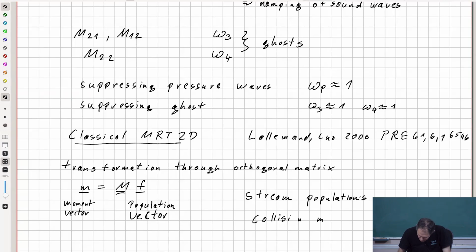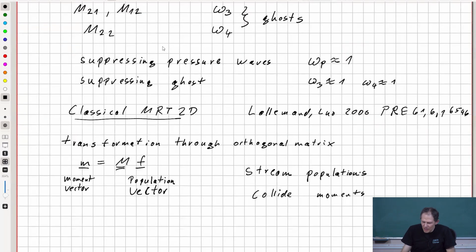So you do the streaming, then you do a transformation to the moments. Once you have the moments, you do your collision, and then you have to transform this back to the distributions, and then the distributions can stream.